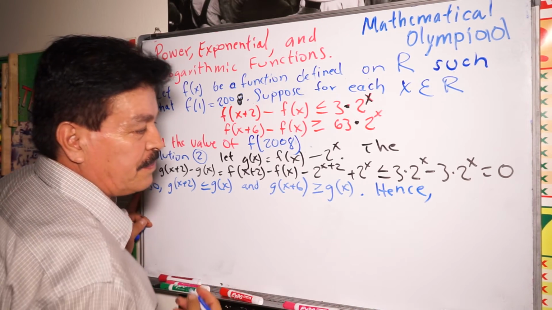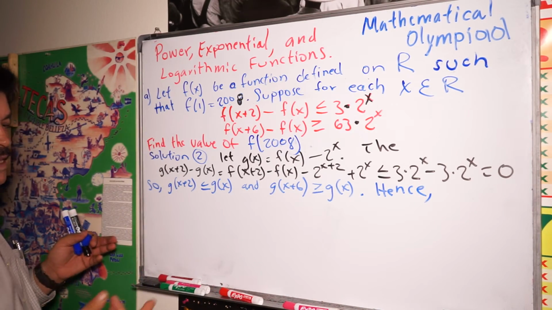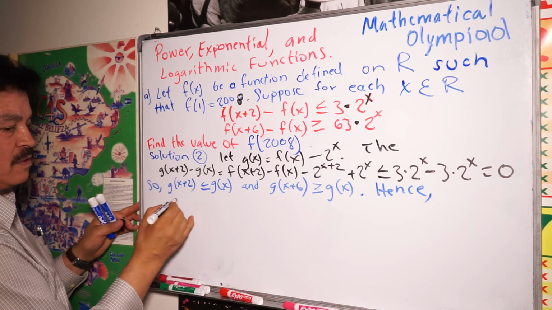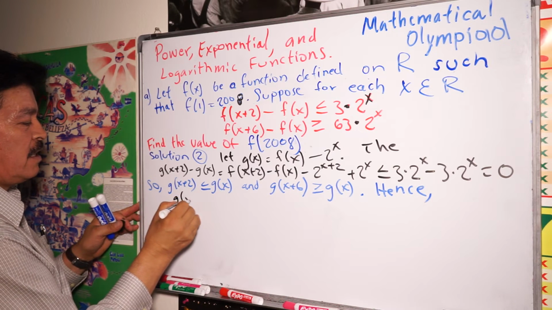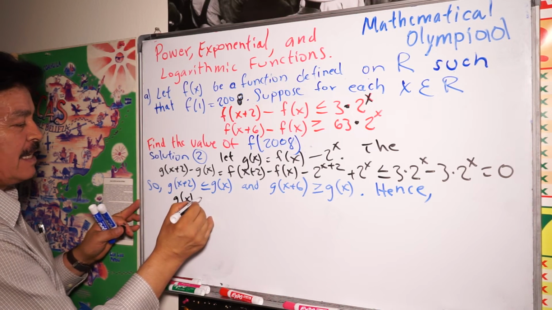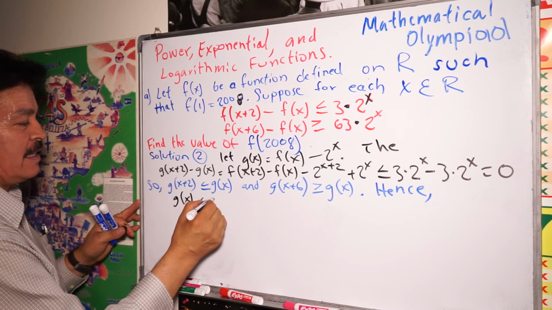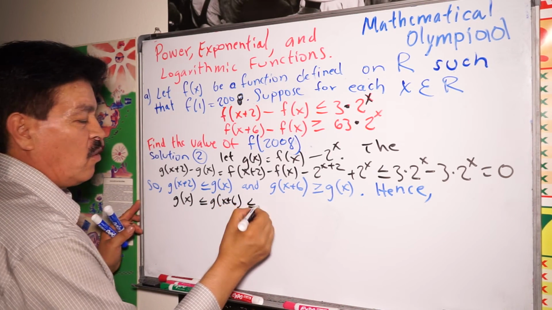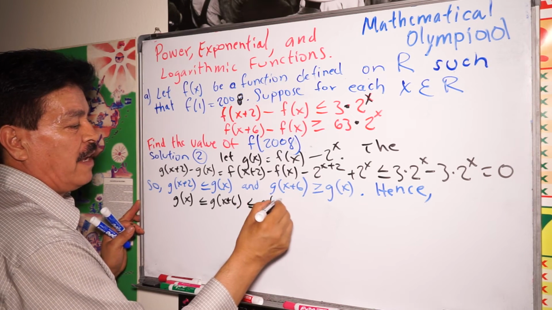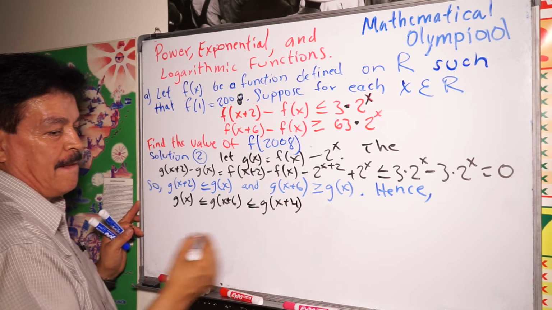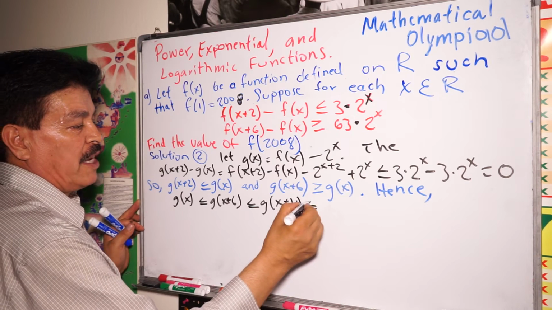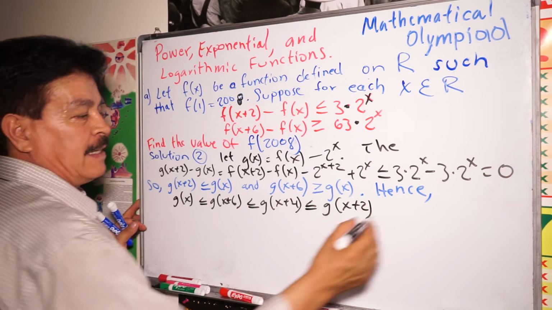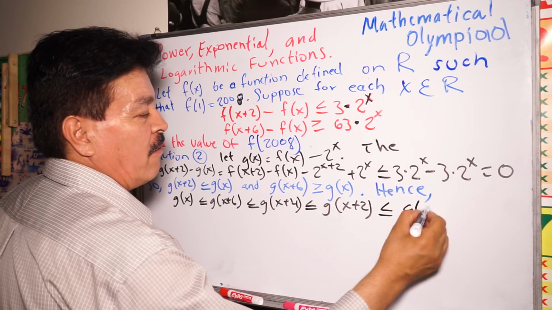Then we are going to have g(x) less than or equal to g(x+6), less than or equal to g(x+4), and then less than or equal to g(x+2), less than or equal to g(x).